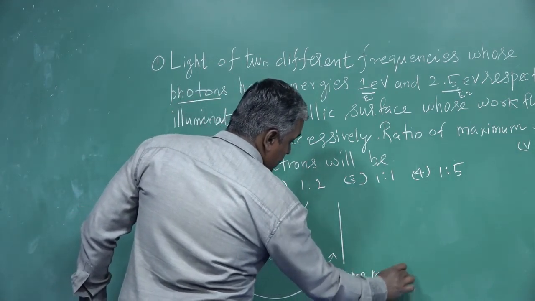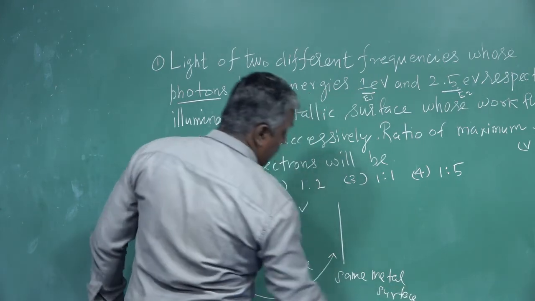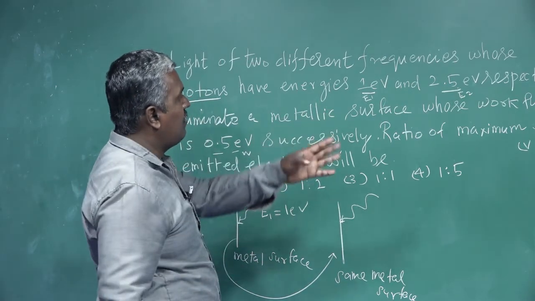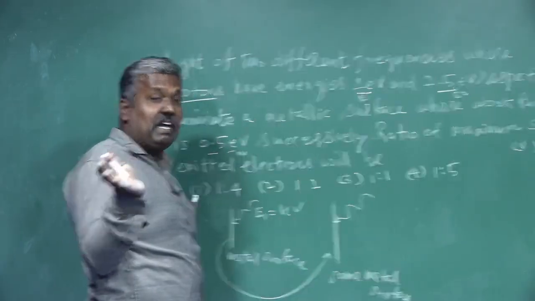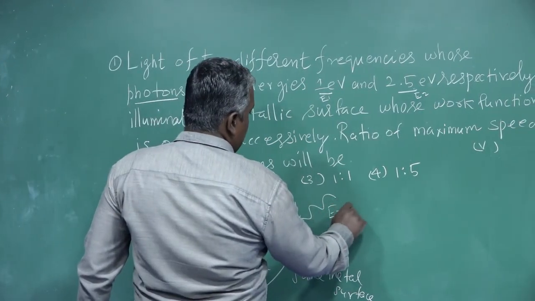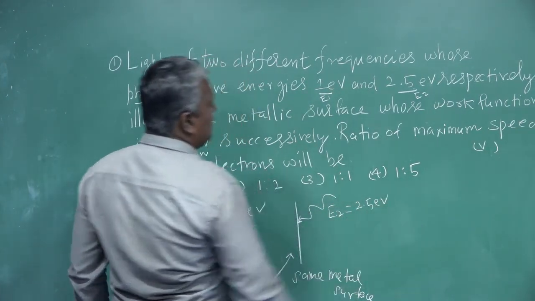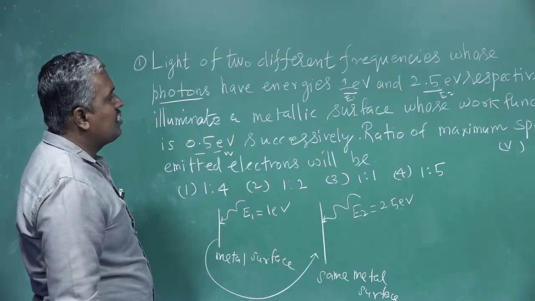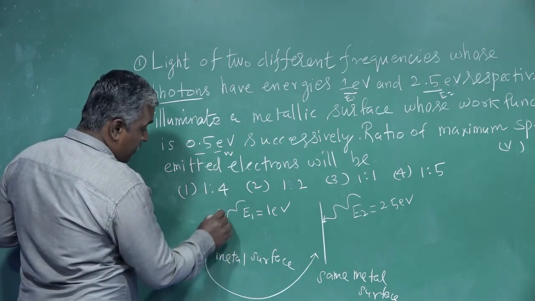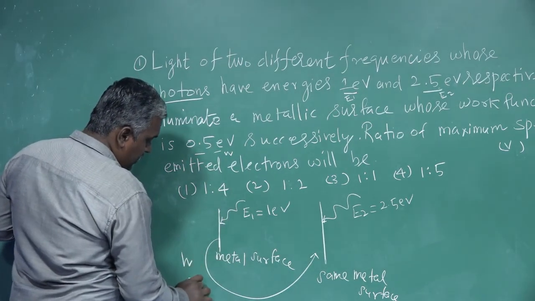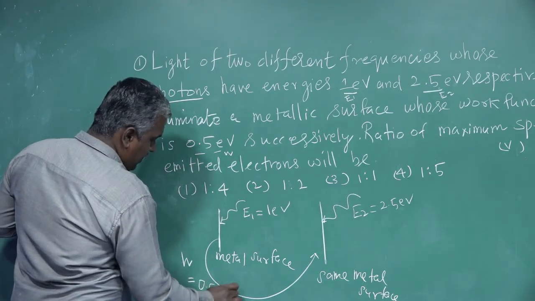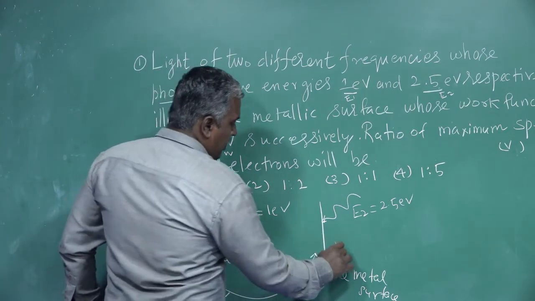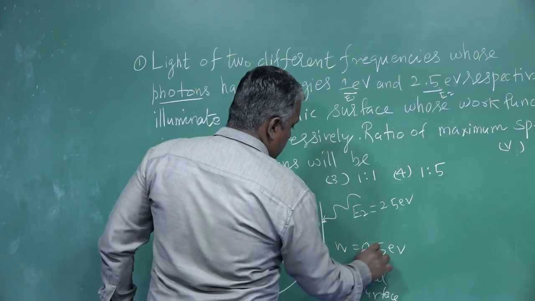The second photon of energy 2.5 electron volt is incident on the same metal surface successively. Illuminate means incident on the metallic surface. Whose work function? The work function of this metal surface, W, is equal to 0.5 electron volt.